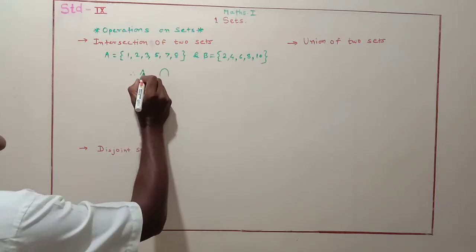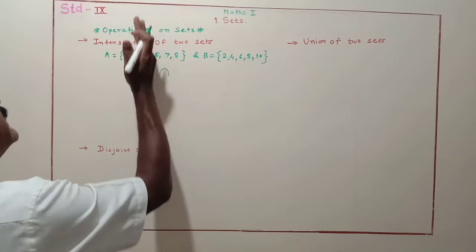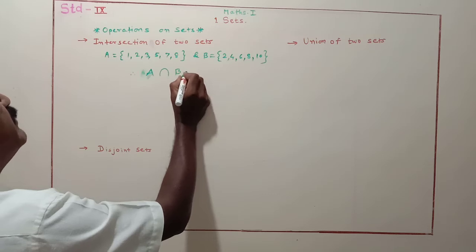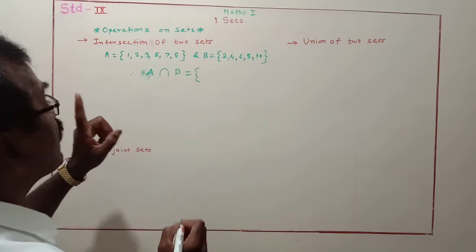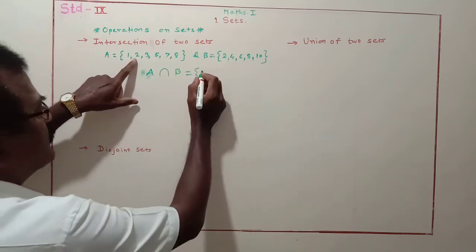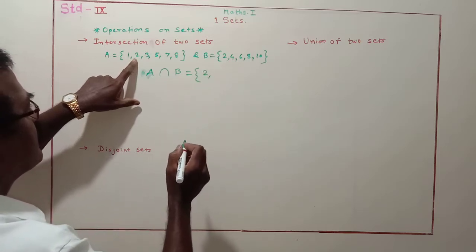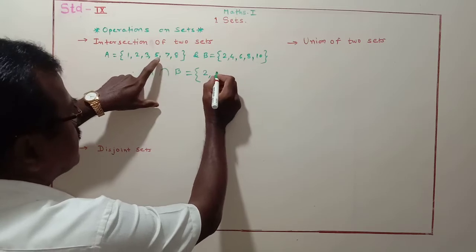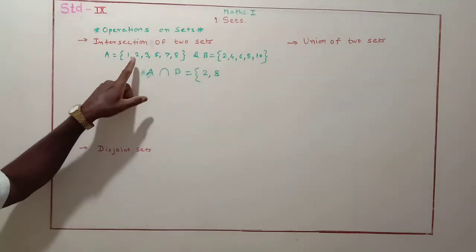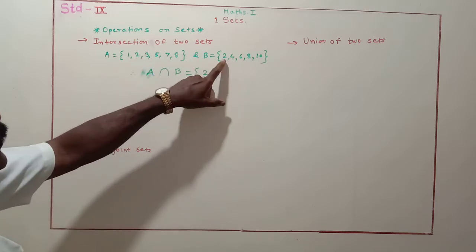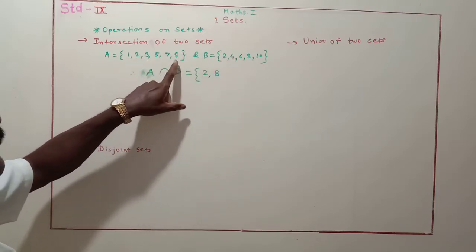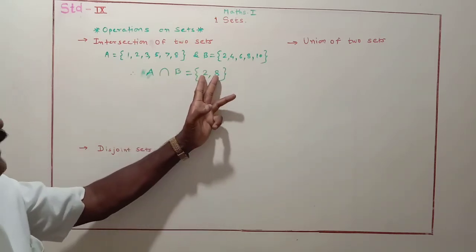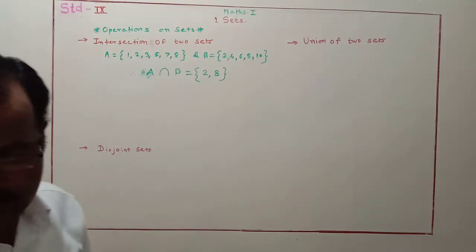Therefore, we write A intersection B is equal to the common elements, 2 and 8. These two elements are the intersection of the two sets.